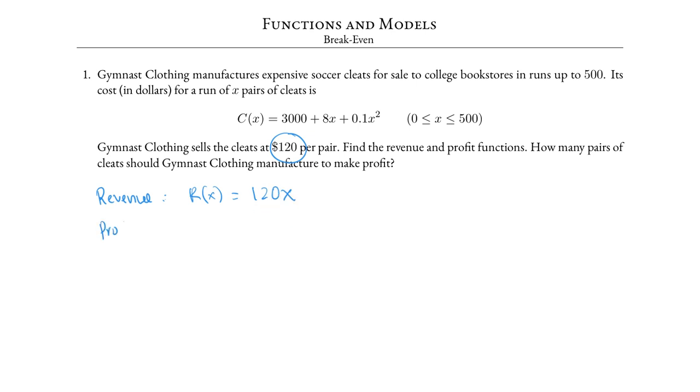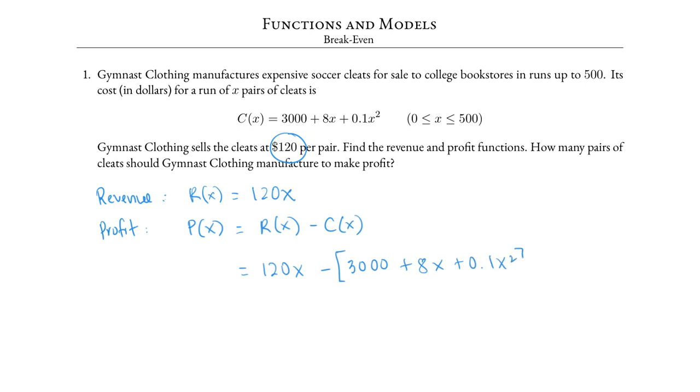The profit is the difference between the revenue and the cost. In fact, the profit P(x) equals the revenue R(x) minus C(x). But R(x) is 120x minus, since there is more than one term in the cost, we will put it in parentheses, 3000 + 8x + 0.1x².